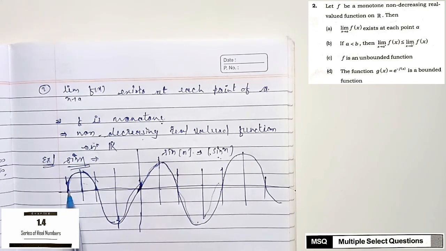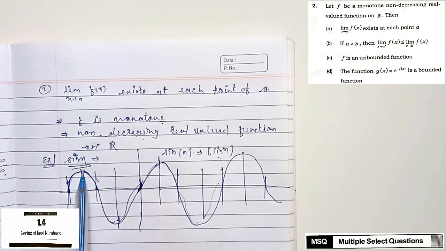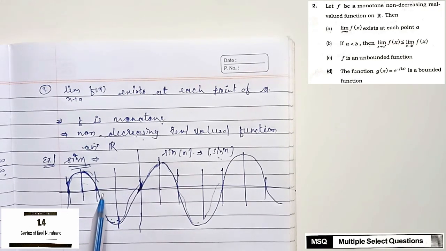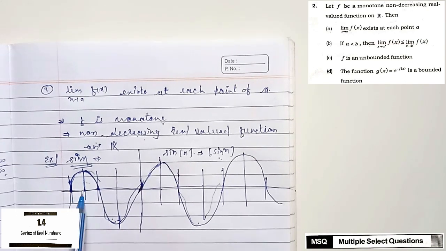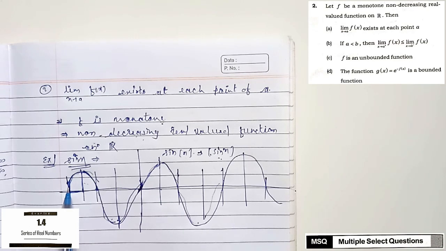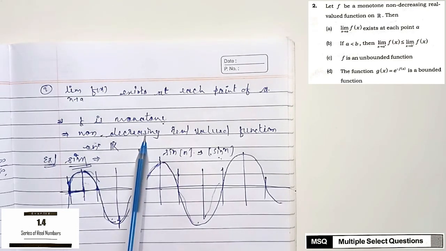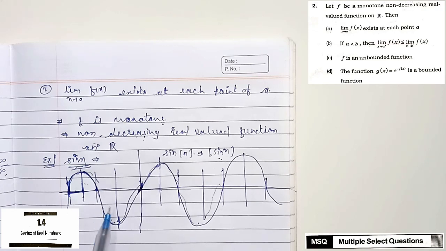But there are some intervals available here, and for that particular interval the function is non-decreasing. So I got the greatest integer function of sin x, which is non-decreasing and monotonic. We just need to understand how we can define the greatest integer function.